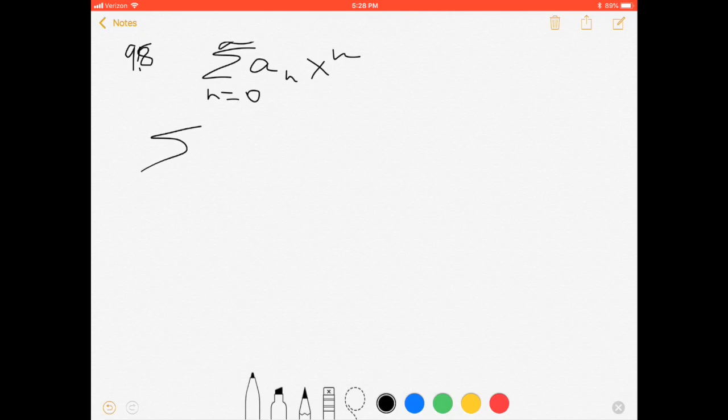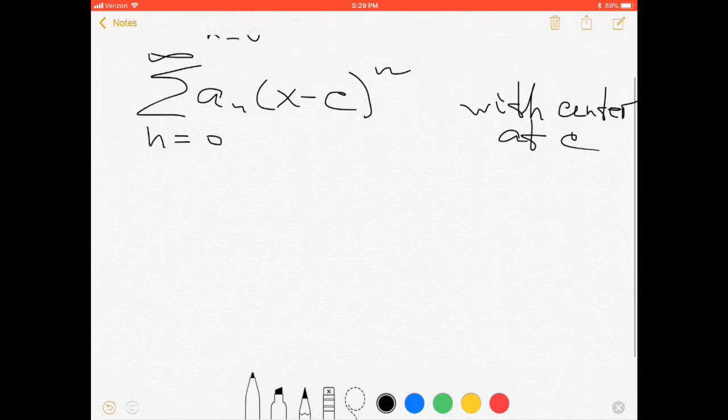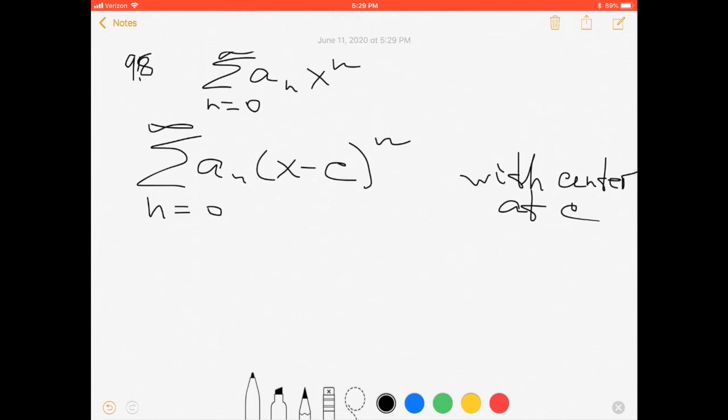If you have a series a_n times (x minus c) to the power n, from 0 to infinity, this series we call a power series with center at c.